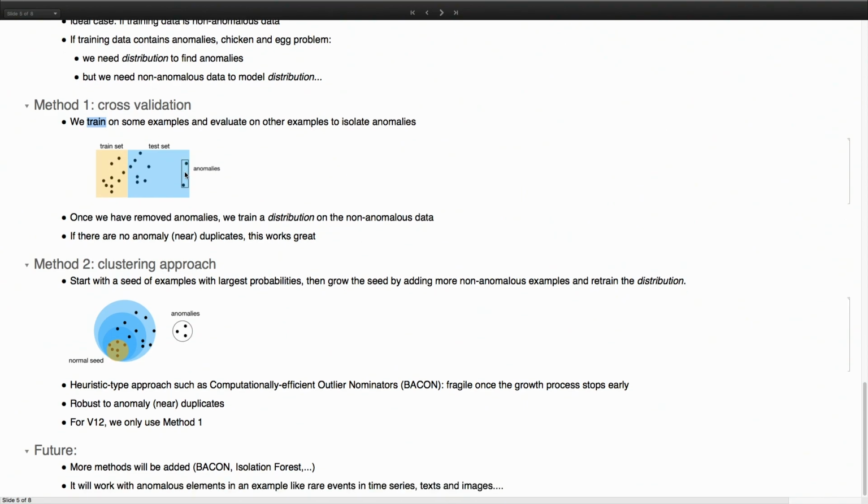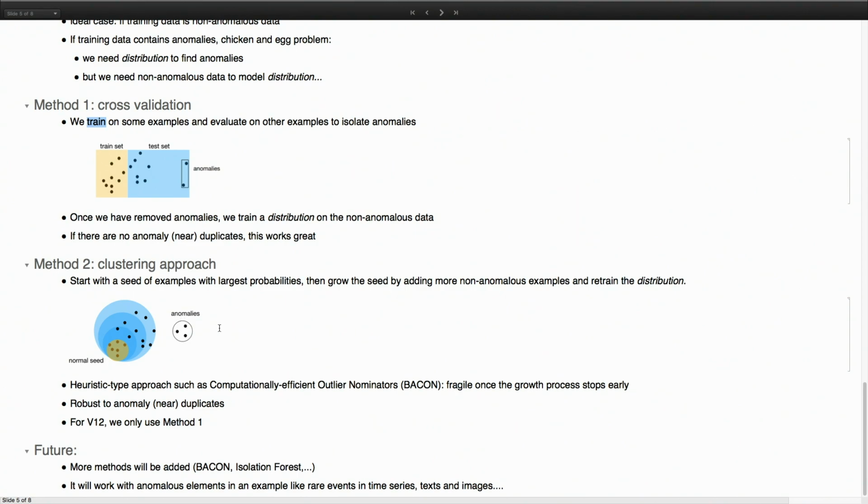There are other approaches, like a clustering type approach, where you start with a small seed of data that you're confident is normal. You train a distribution on that, and you keep adding more and more data, and you grow your normal seed. You stop when you hit some threshold, and whatever is not in the bag of your normal points would be considered anomalies.